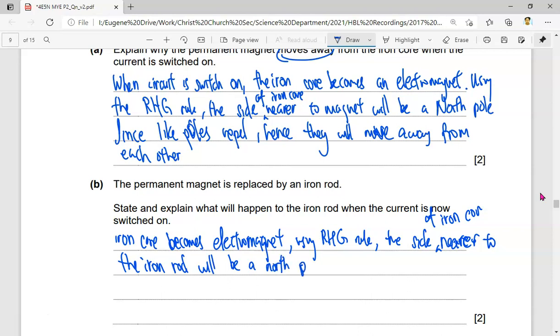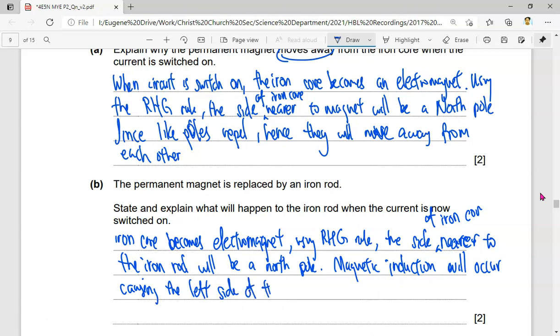Now this is where the explanation starts to get a little bit different. At this particular point, because it's an iron rod, what we can conclude is magnetic induction will occur, causing the left side of the iron rod to become a south pole.